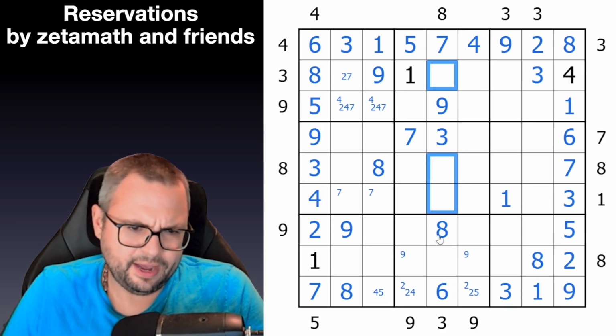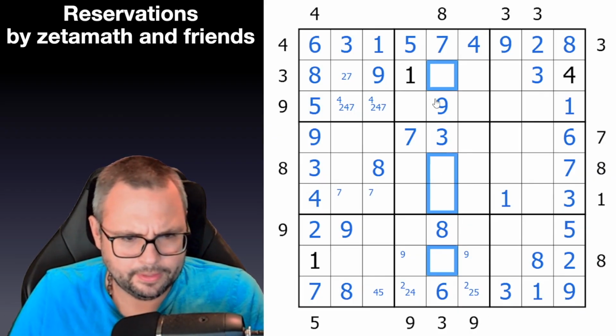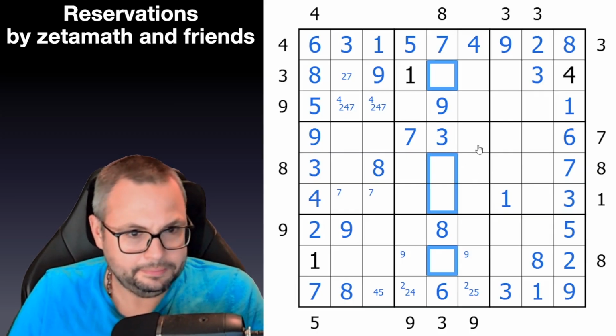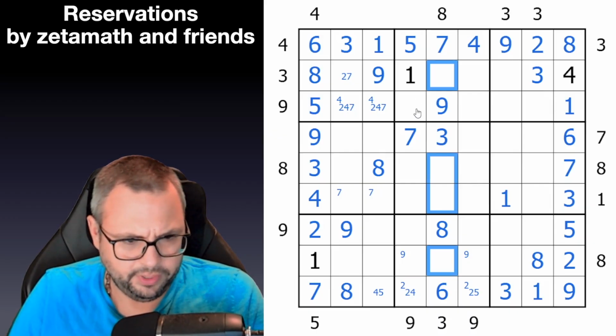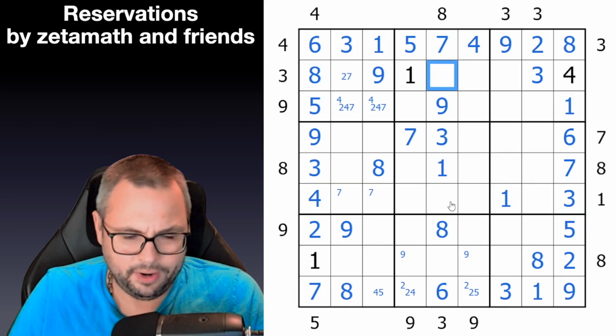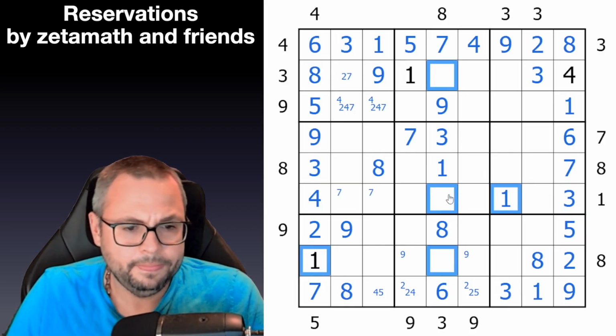Let's see. What about this column? Maybe I should just do this column. The 1 in this column is placed, I see, by sheer force of will alone. The 1 has to go there because that 1 sees it, that 1 sees that cell, and that 1 sees that cell.